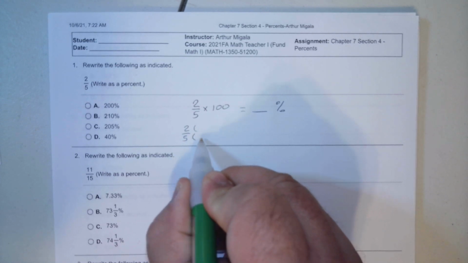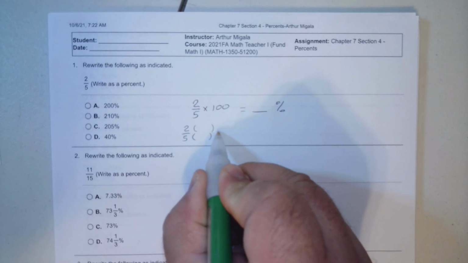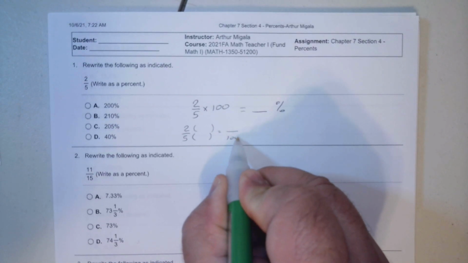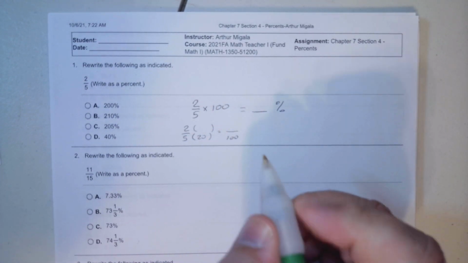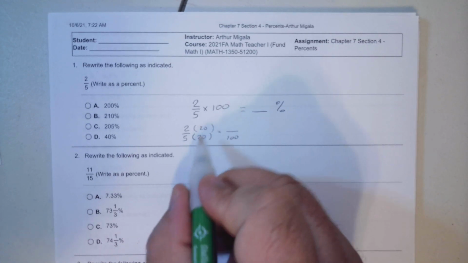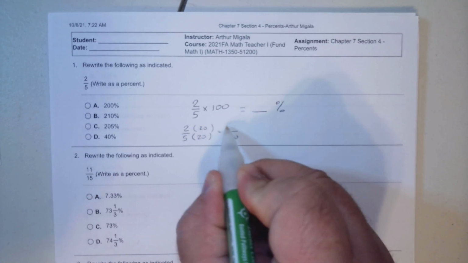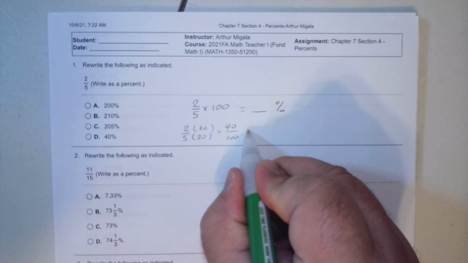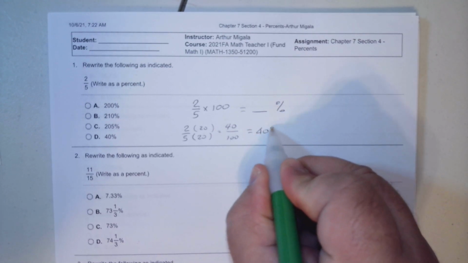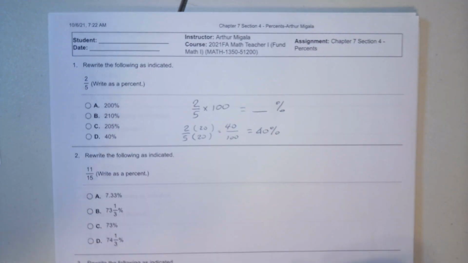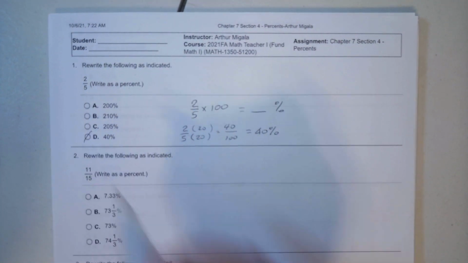Let's make the bottom equal 100. 5 times what is 100? 20. So multiply the top by 20 also. 2 times 20 is 40. 40 over 100 is 40%. So it's D.